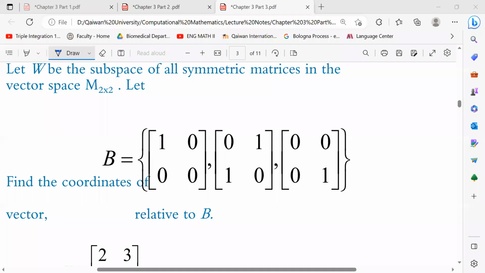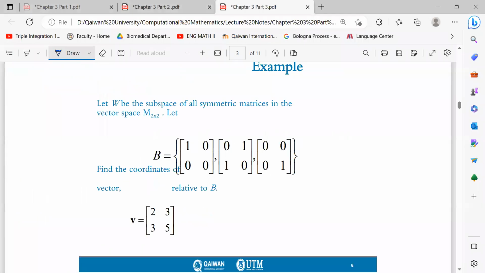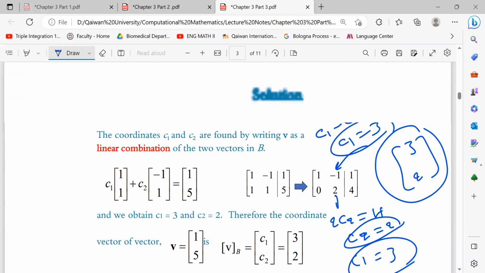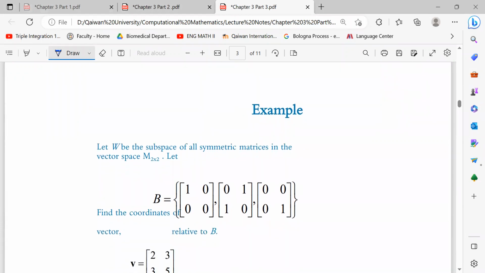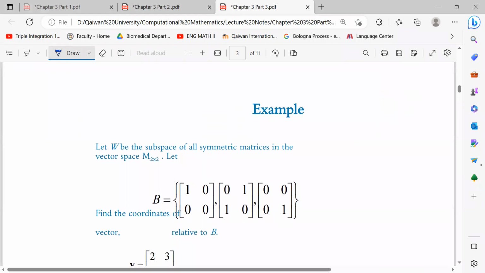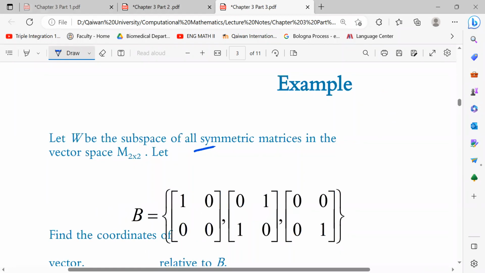In this example, it says, let W be the subspace of all symmetric matrices in the vector space M22.